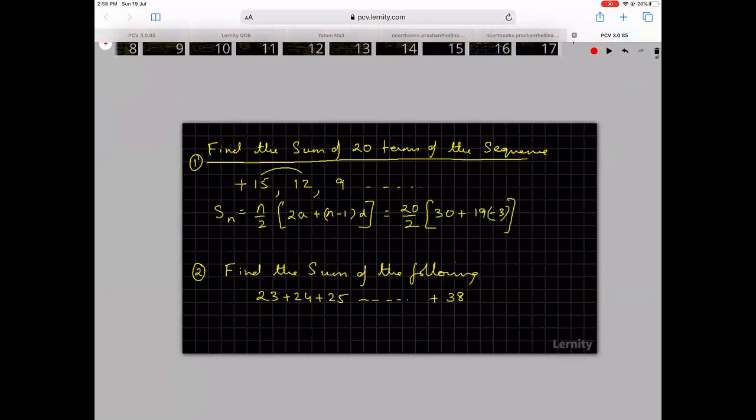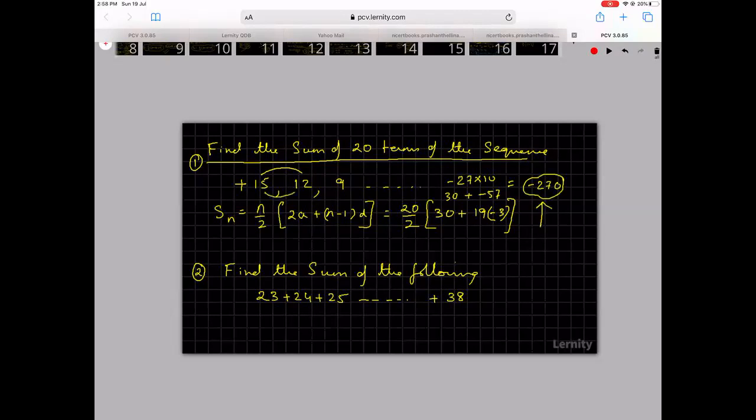Minus 57. So minus 57 plus 30 is how much? Minus 27. So minus 27 into 10 is how much? To me it is coming to be minus 270, but others are saying something else. So the first one, sum of 20 terms, is coming to be minus 270.